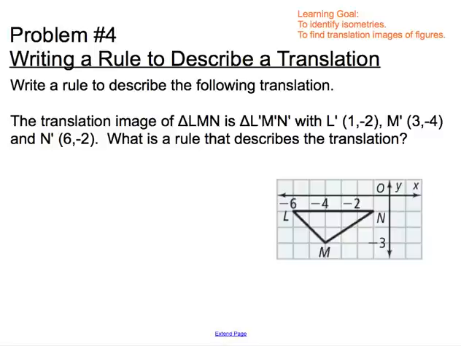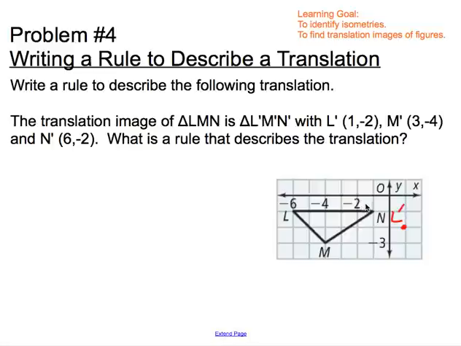And so if we want to write a rule to describe the following translation, we're going to write the rule similar to the way we've just seen it. So the translation image of triangle LMN is triangle L prime, M prime, N prime, where L prime is at 1, negative 2. So we have 1 comma negative 2. So that's going to be the location of L prime.